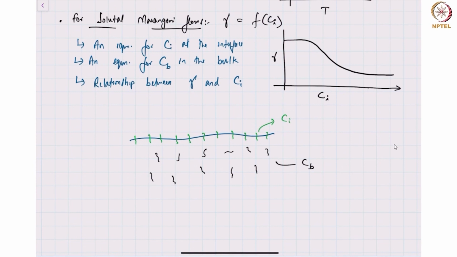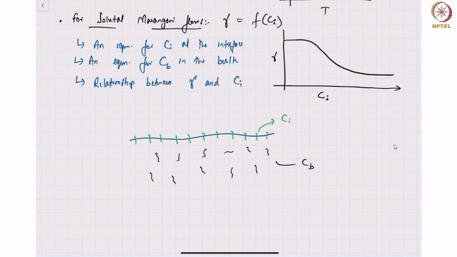We are determining the concentration of these surfactants in a small volume, and we are writing down concentration evolution equations. So these are typically advection diffusion equations, typically with a source and a sink term, because the source and the sink term will take care of adsorption and desorption between the interface and the bulk.